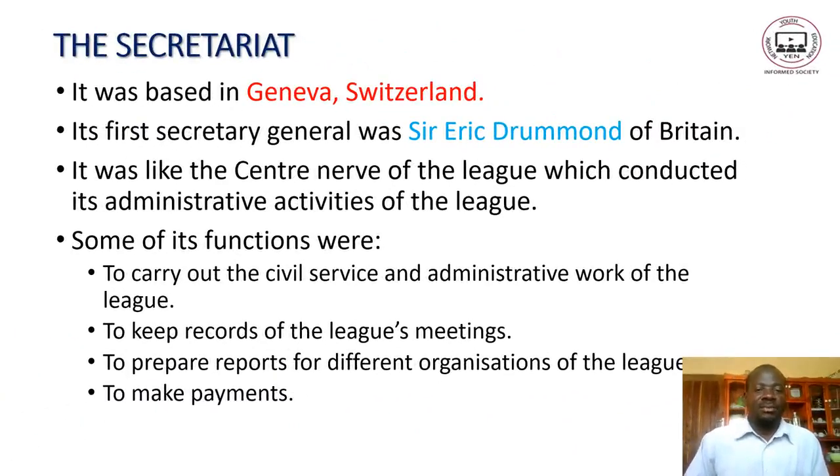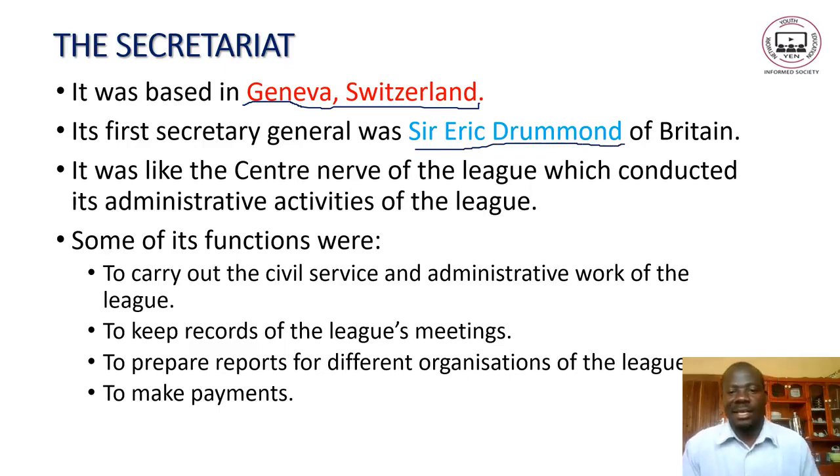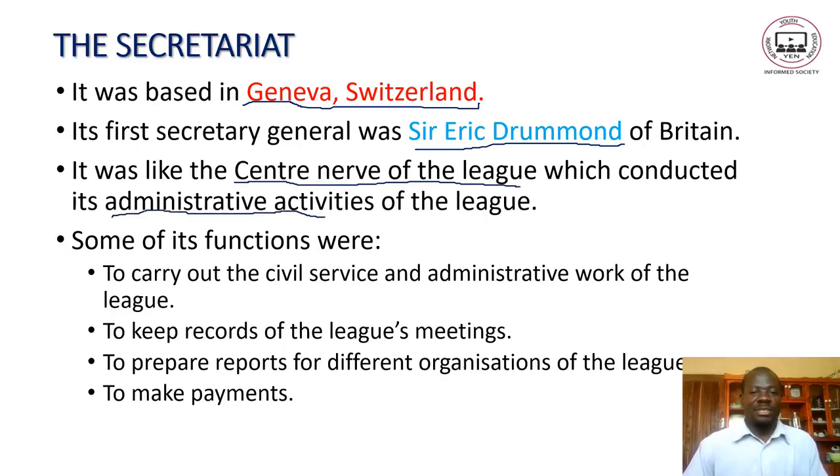Now we have the other one, the Secretariat. The Secretariat was based in Geneva, that is Switzerland. Remember, that is where this League of Nations was formed. And the first Secretary General was Sir Eric Drummond of Britain. So the Secretariat was like the center nave of the League, which basically conducted administrative activities.